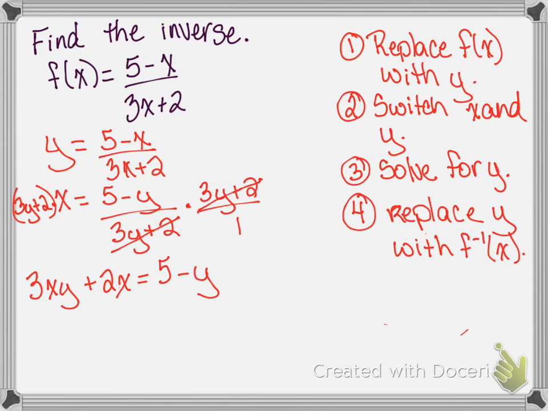The issue with that is, what do I have right here? A y. Another y. Okay? So what I've got to do is get my y's on the same side of the equation. So I've got to use the algebra to get both y's on the same side and everything else on the other side.